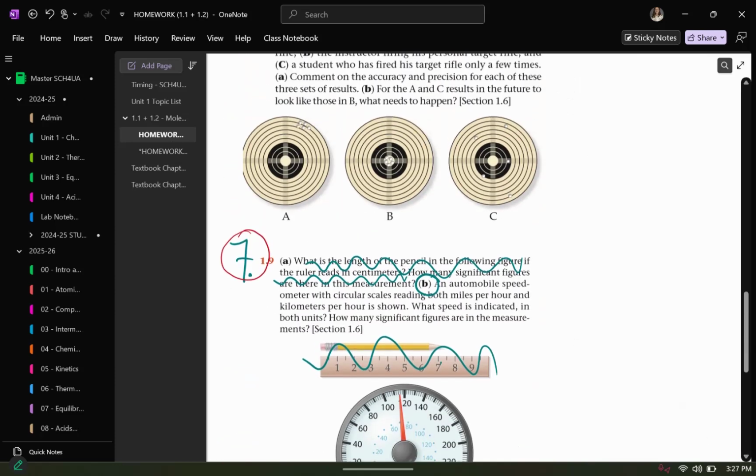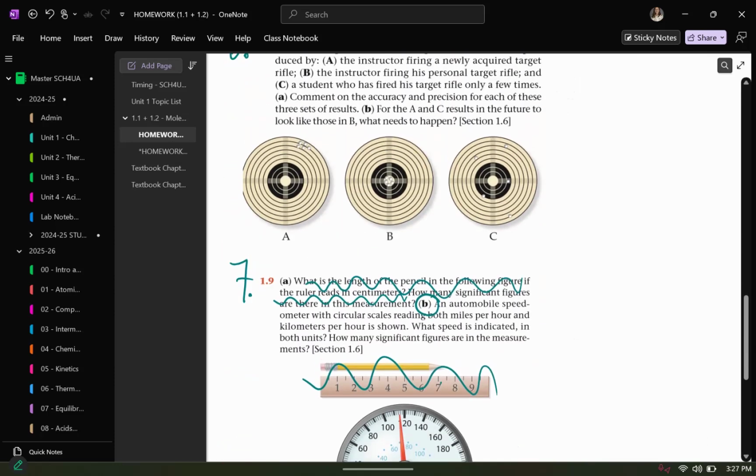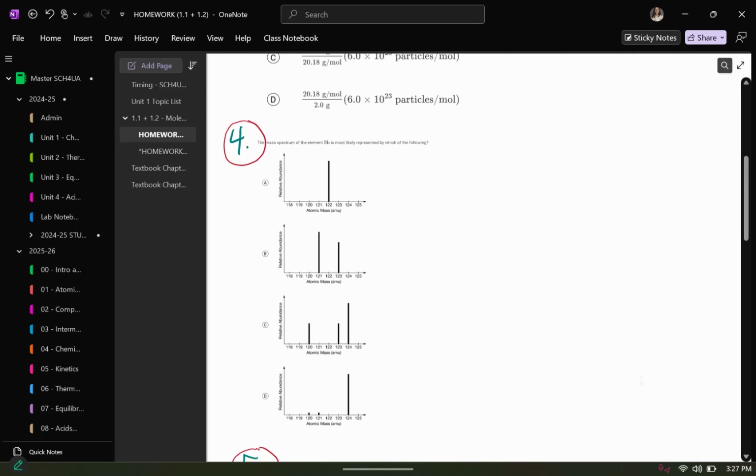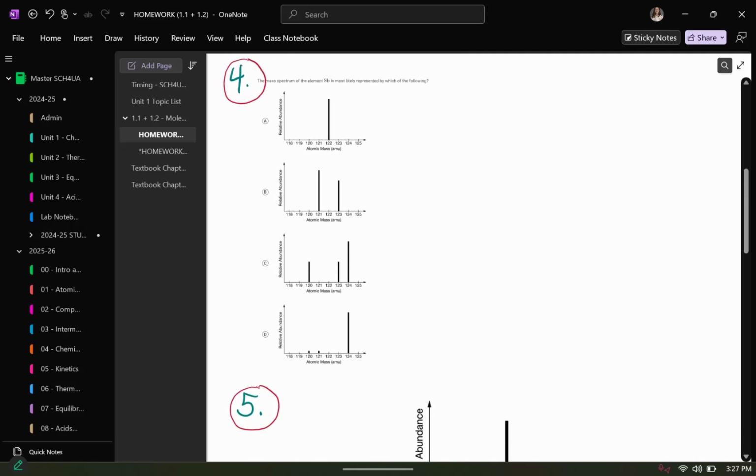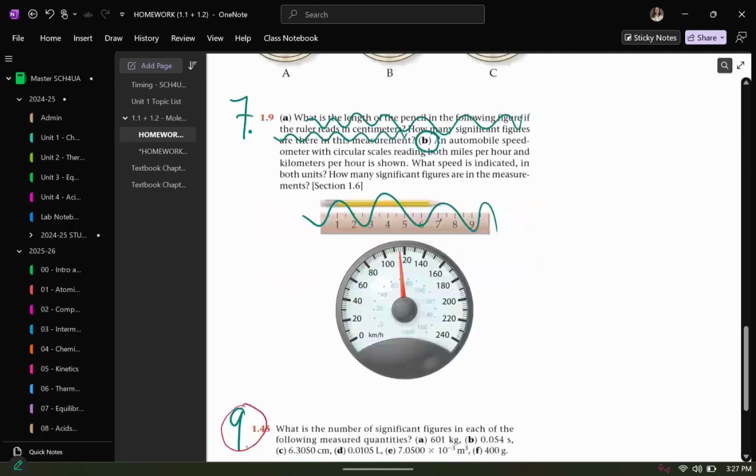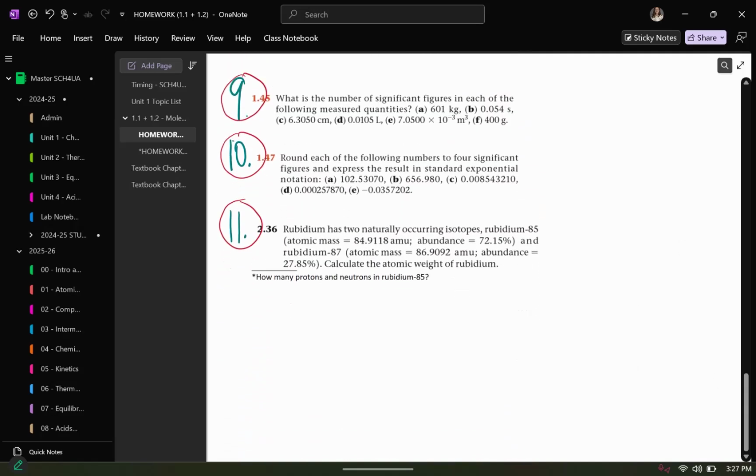Leave out 6 and 7 for now, since they have to do with accuracy and precision, and we'll do that next time. The nice thing about 9 and 10 is that it's just counting the number of sig figs. Okay?